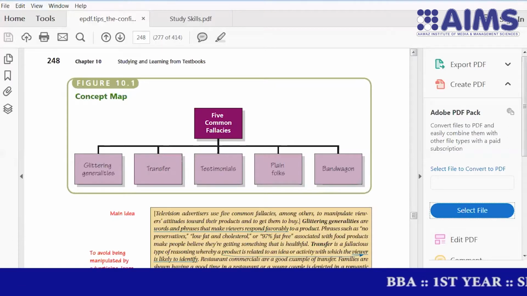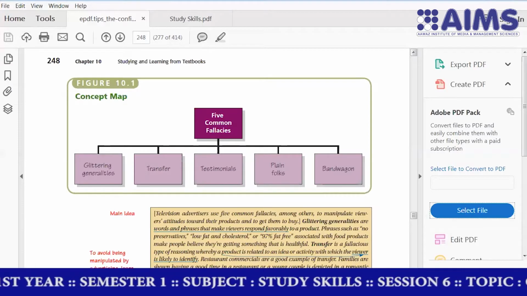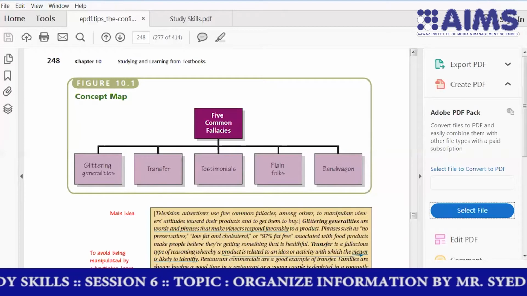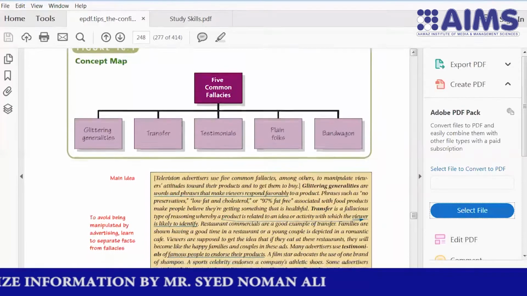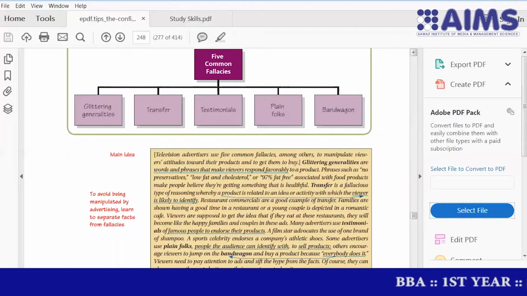In that manner you can define this. So in a concept map, the main head and the subheadings, the subcategories, are divided through that chart. Like the main idea, where the conclusion is.